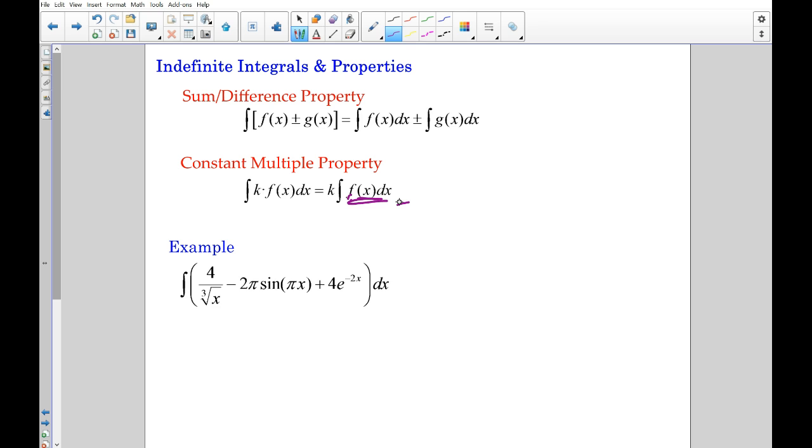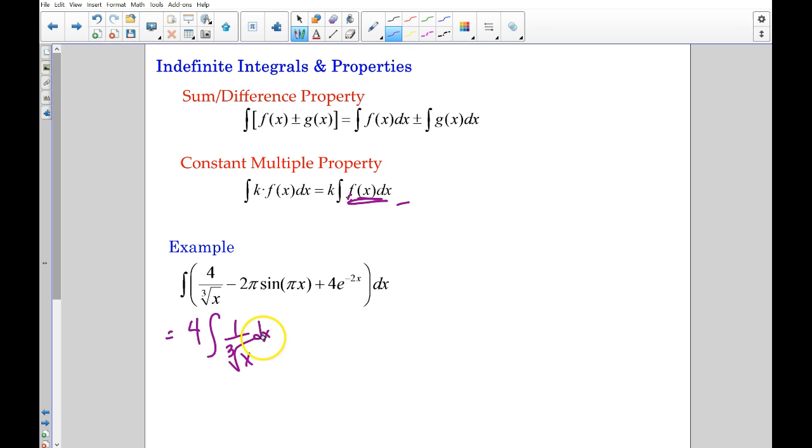For examples here, I'm going to do a little bit of work. You don't necessarily have to show all this work, but this is going to be equivalent to the integral of each individual piece, and I'm going to do the constant multiple at the same time. So 4 times the integral of 1 over the cube root of x dx.